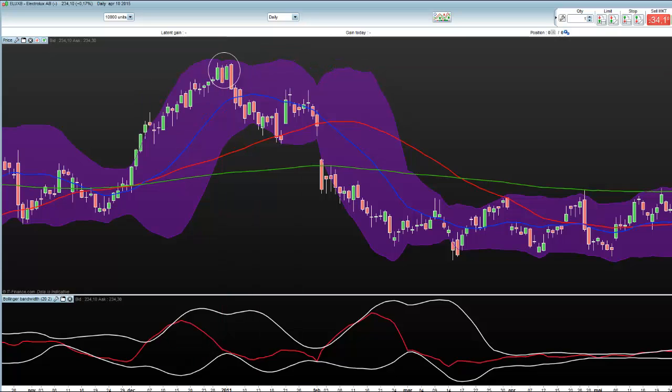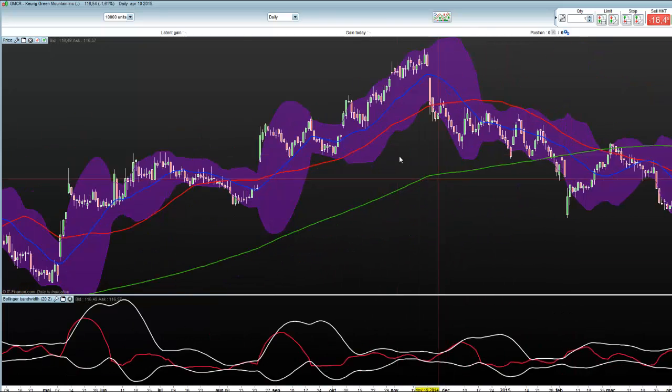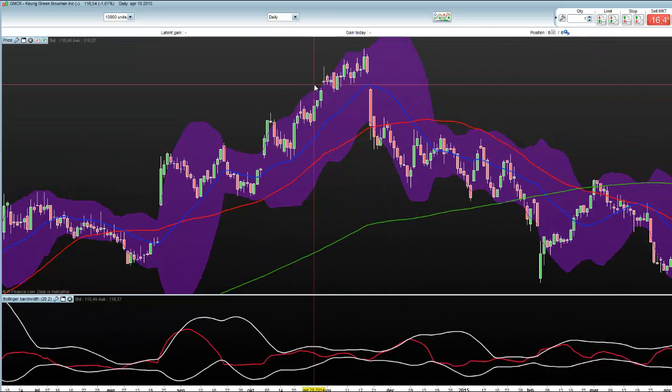And we're going to look at another engulfing in GMCR. There we go. Here we have another one.